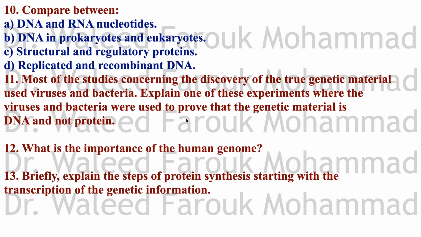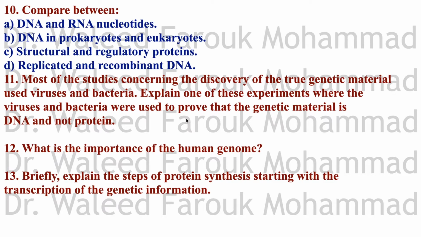While recombinant DNA needs restriction and ligase enzymes, forms from 2 different segments of DNA, needs 2 different sources of DNA, and is used in molecular technology in the medical field, agriculture, and industry.